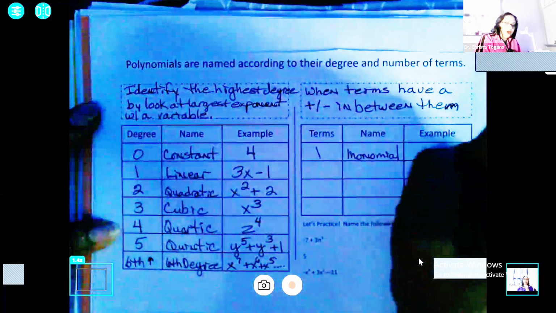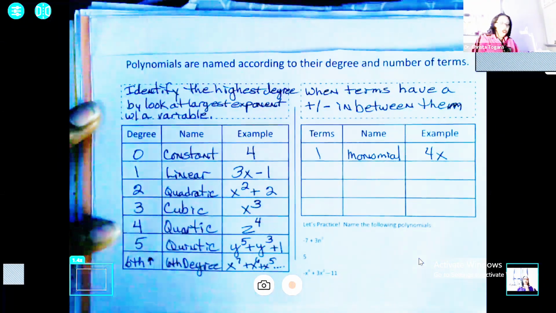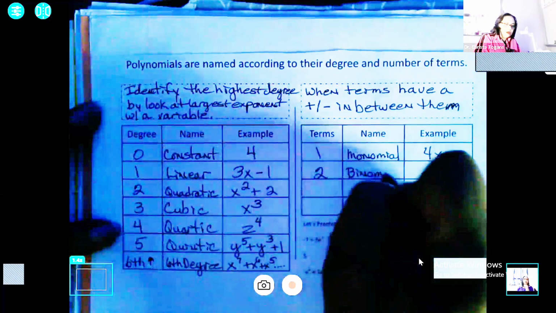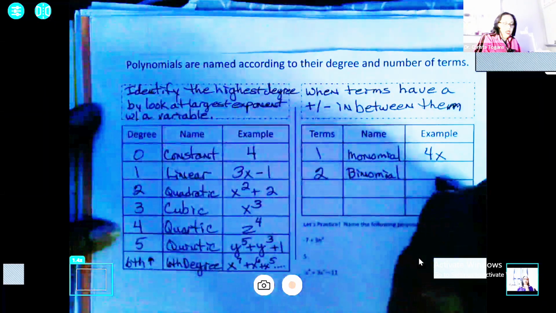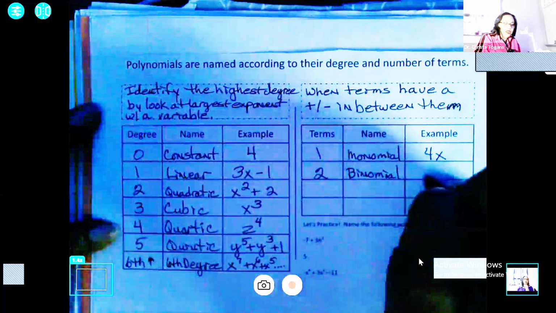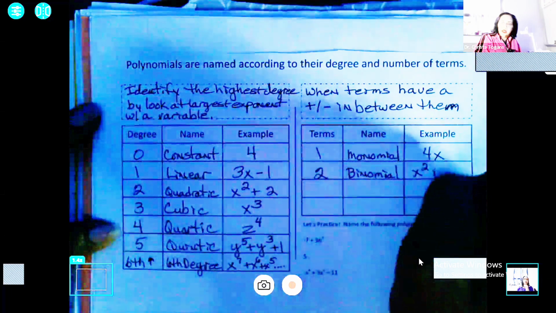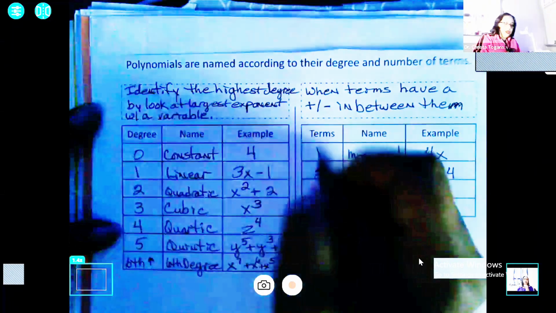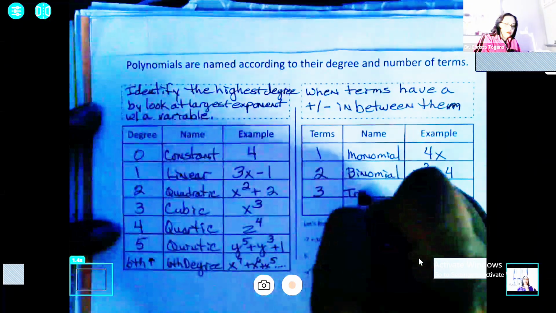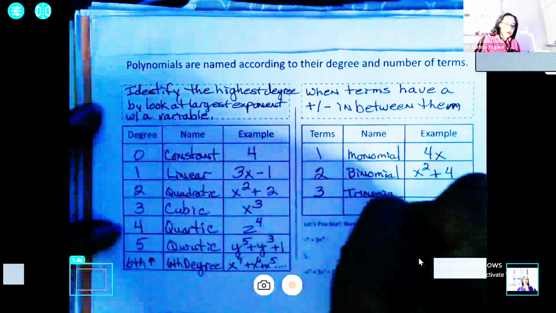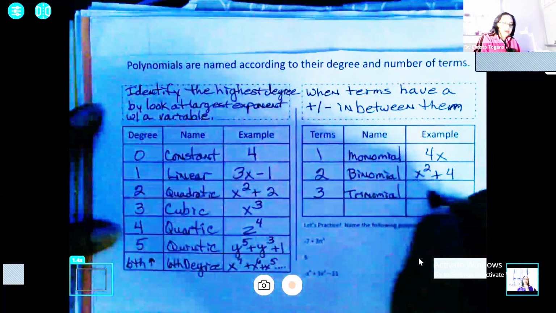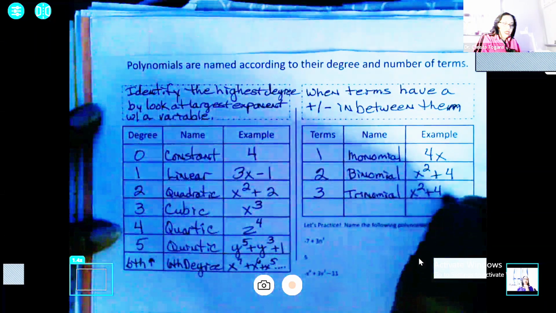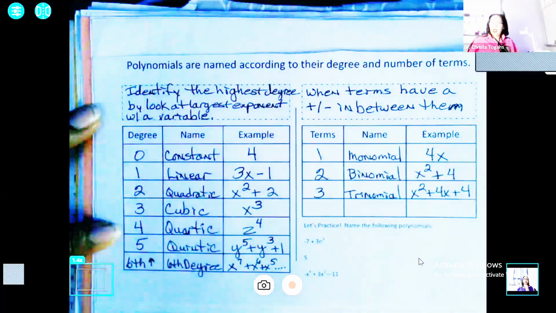We could say x. 2 terms is a binomial. You could say anything, x squared plus 4. Trinomial. Let's say x squared plus 4x plus 4. Just keep it kind of consistent.